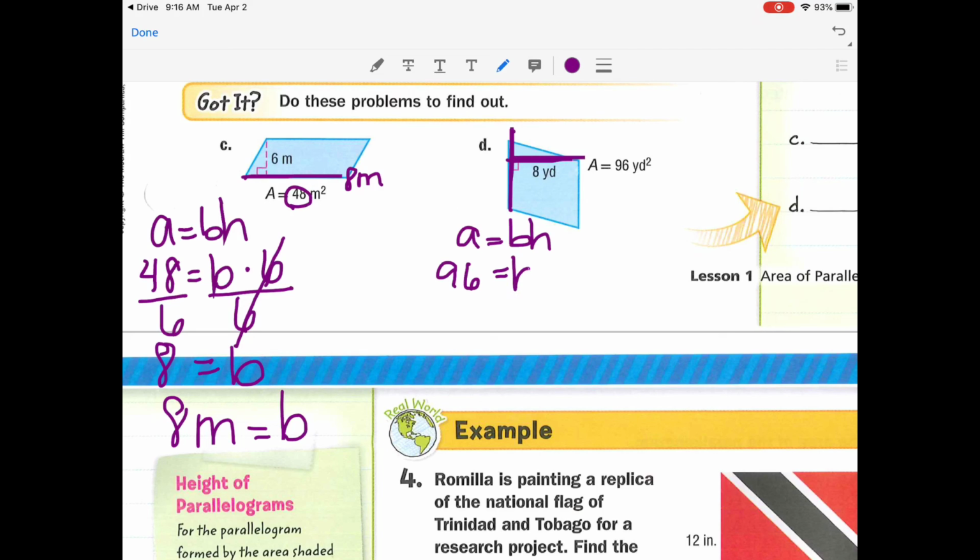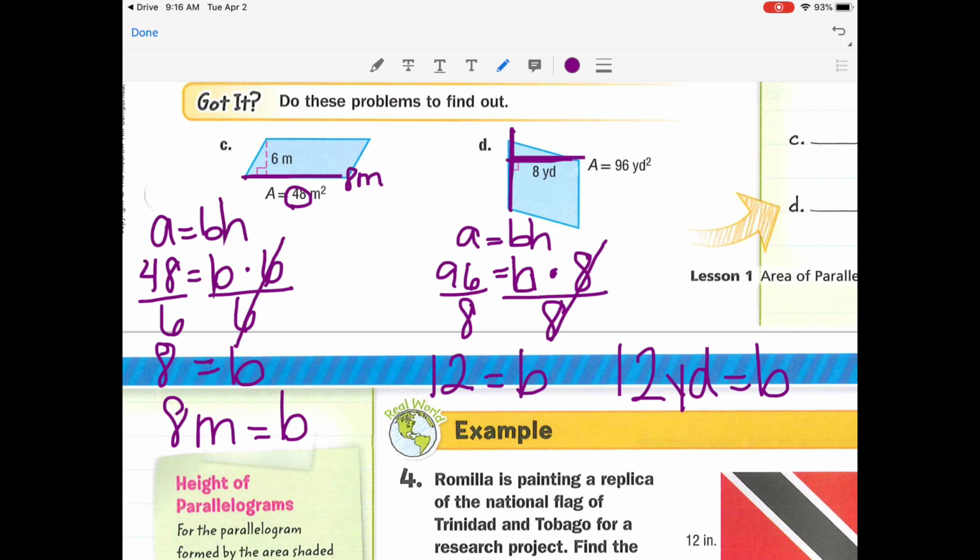So my base we don't know, but my height is 8. Since I'm multiplying by 8, the inverse operation is to divide by 8. And when I divide by 8, this cancels out. I'm left with my base, and I'm left with 12, which means that I have 12 yards equals my base.